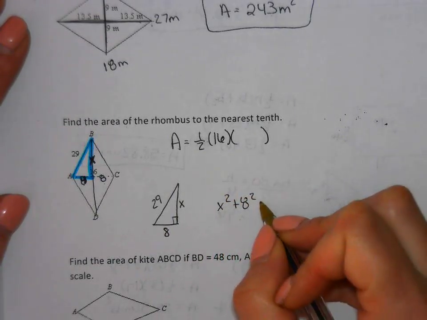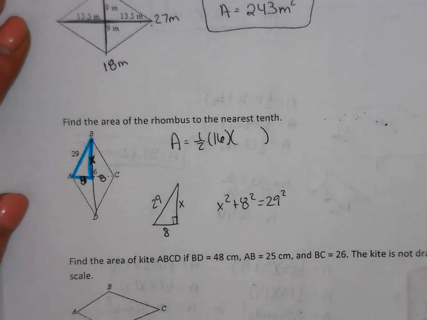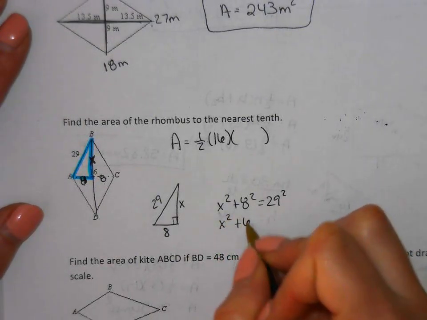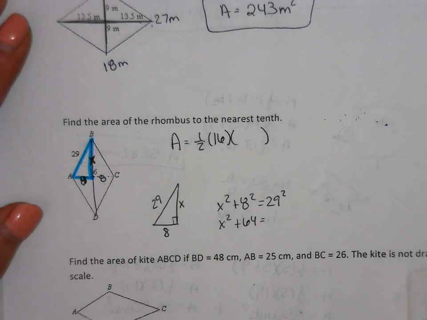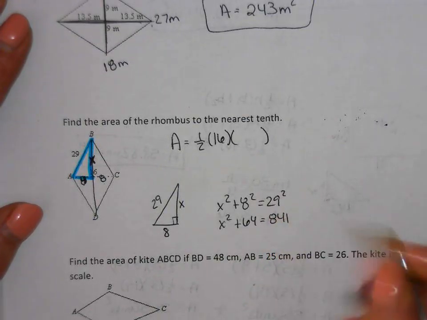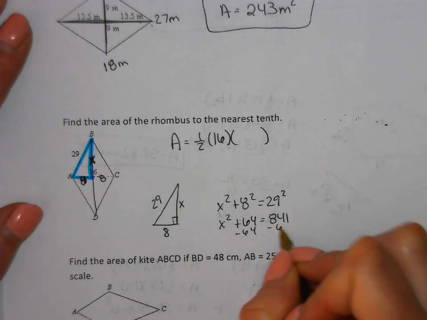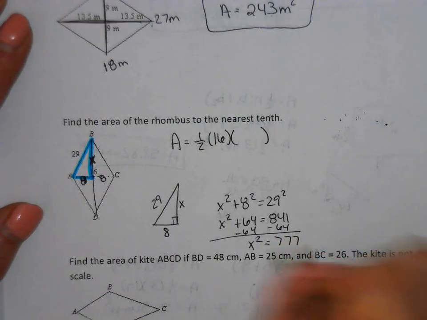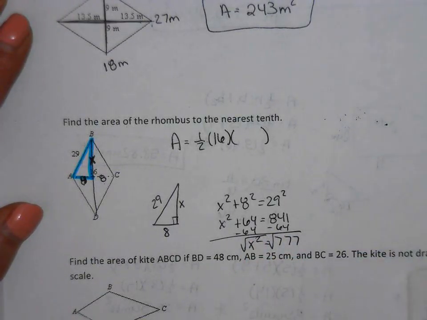We're going to square all of our sides and set them equal to the hypotenuse squared. So we have x squared plus 64 equals 29 squared, which is 841. Subtract 64 from both sides. So we get 777, and we square root 777.